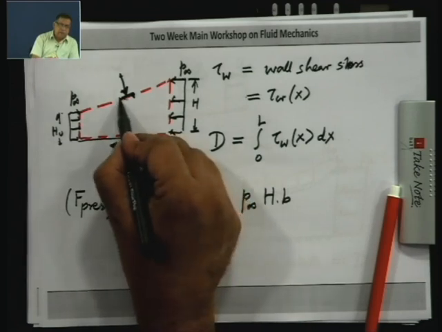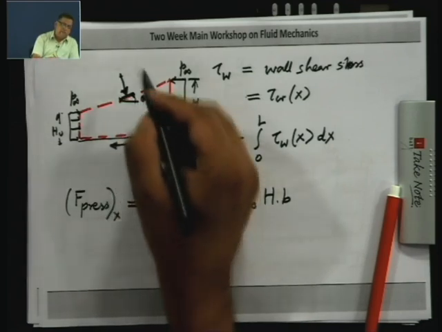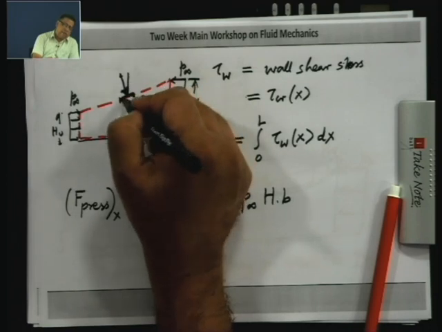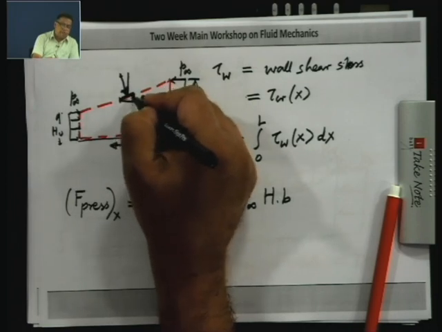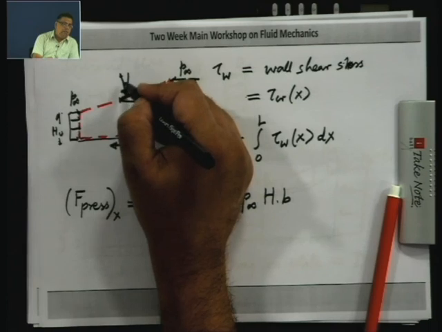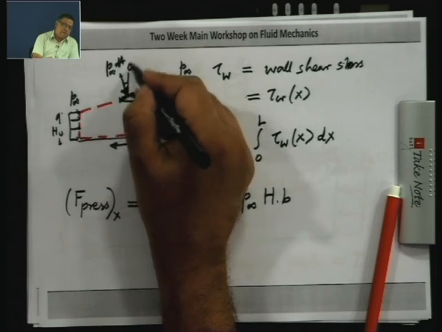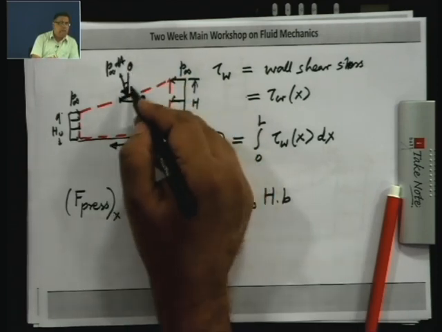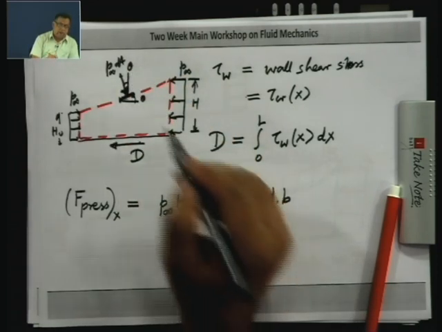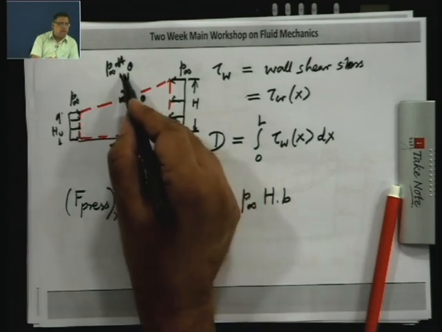So, if I say the angle which this surface dA is making with the horizontal is theta, then the angle which the pressure force, this is P infinity dA, makes with the vertical will also be theta, and you can see that it is acting in the positive x direction.